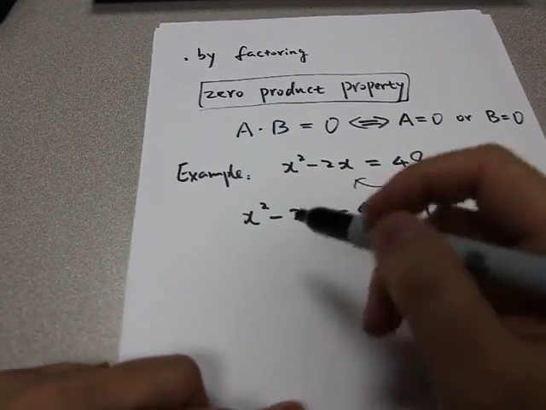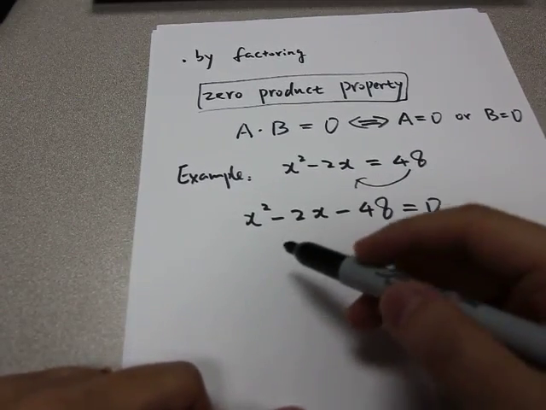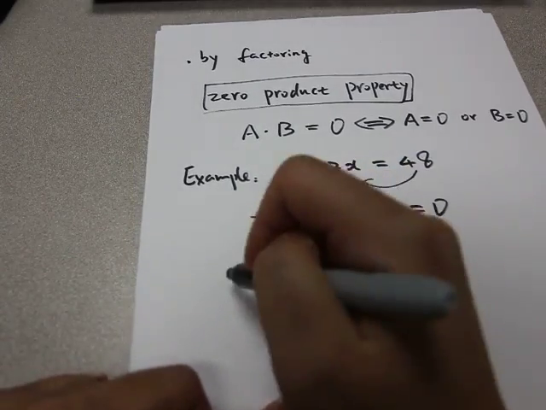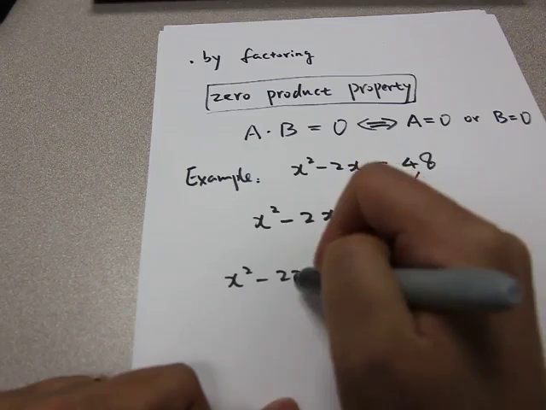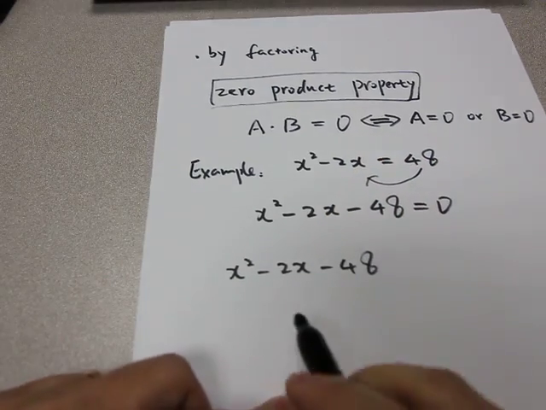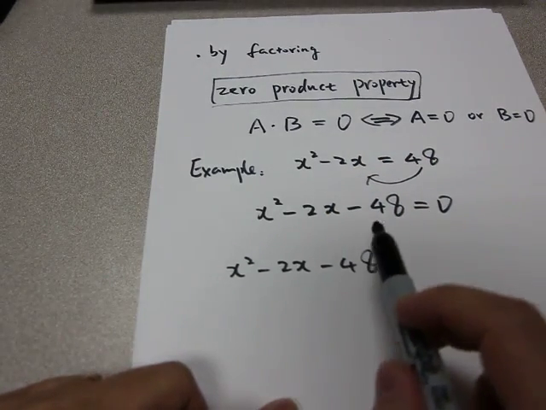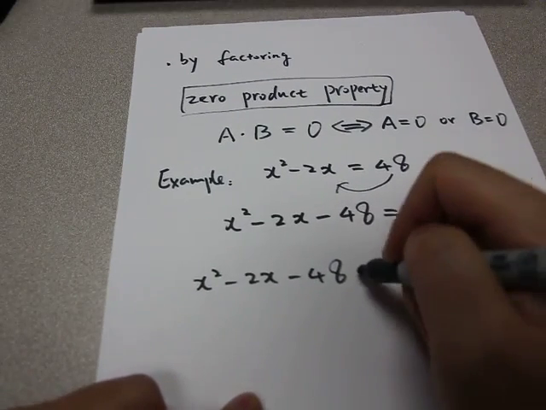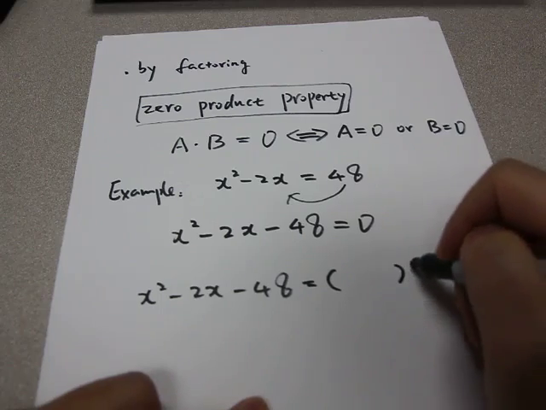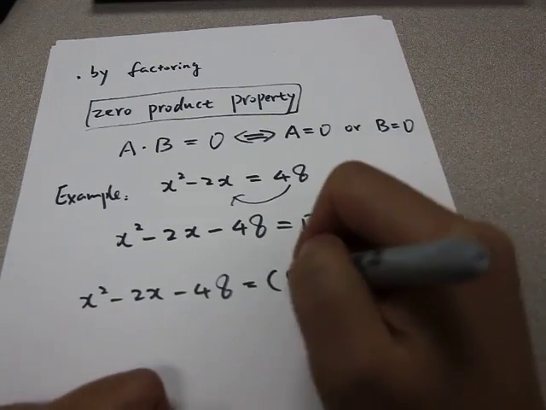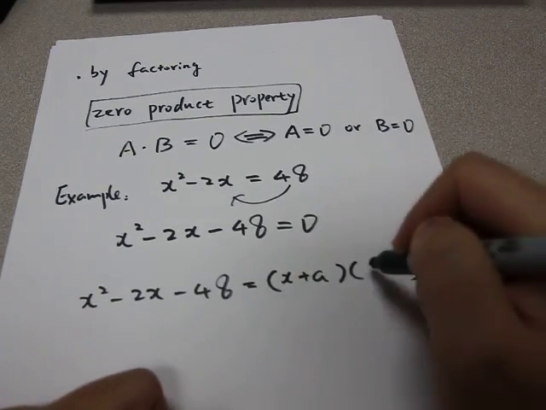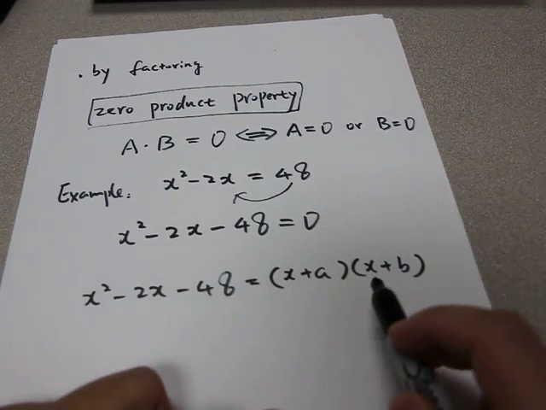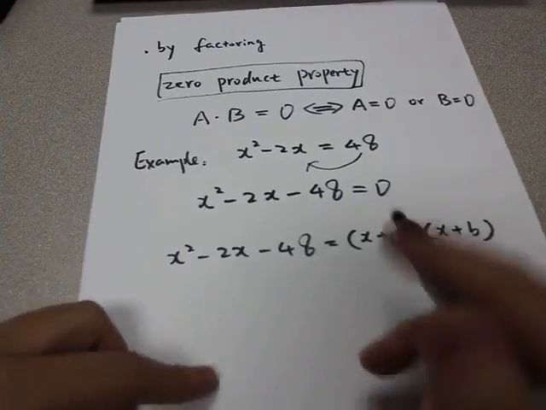Okay, so from here, remember in the previous lecture, we learned how to factor a polynomial. So here the left hand side is a polynomial, x squared minus 2x minus 48. Now we want to factor this into x plus a number times x plus another number.